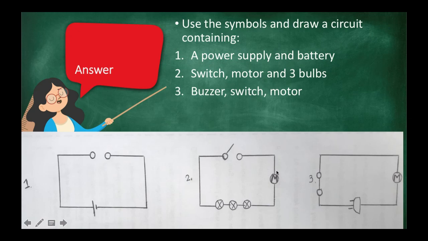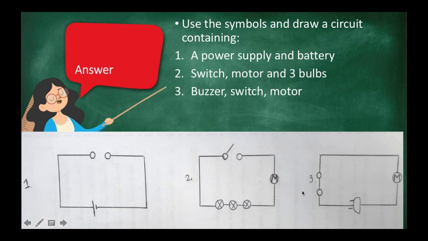I've got my motor, a circle with an M, and I've got my 3 light bulbs. Again, it doesn't matter where you put them. You could have put your light bulbs on the side or at the top. It really doesn't matter which side you place your components for as long as they are all there.